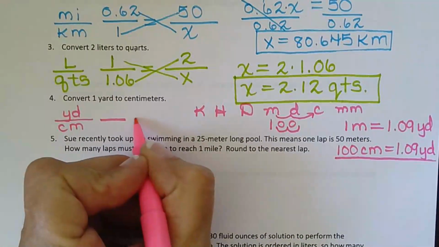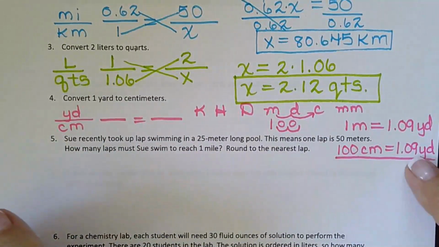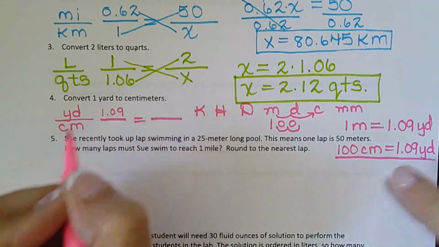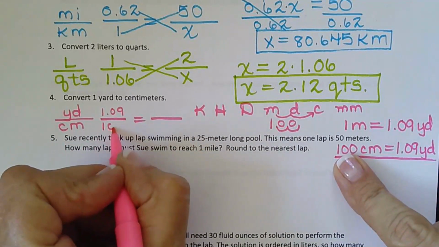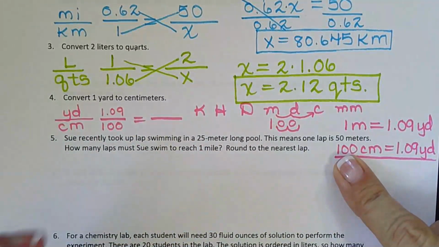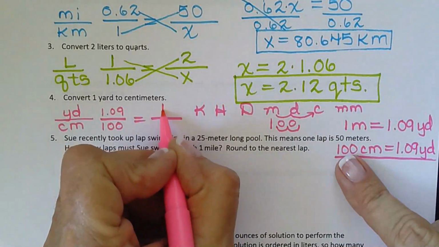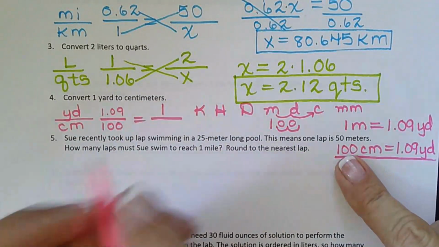So yards to centimeters, 1.09 yards is 100 centimeters. And this says 1 yard, so put 1 on the yard, is how many centimeters?